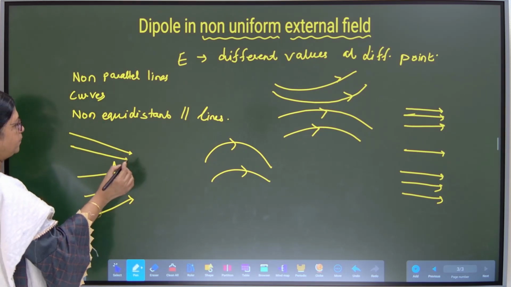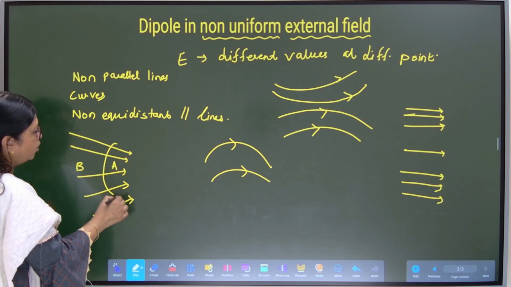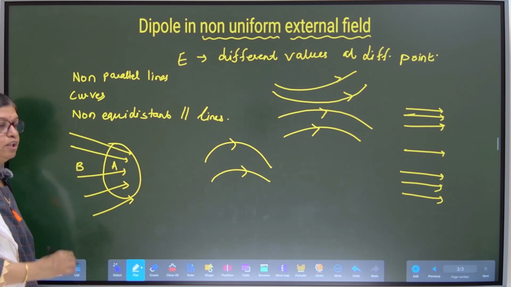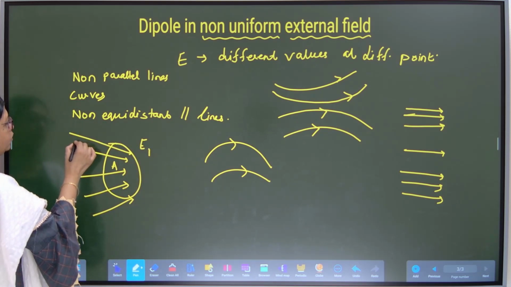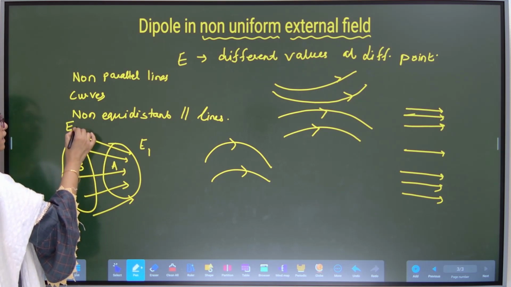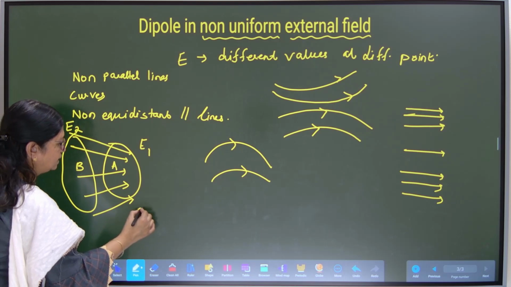Suppose I consider the point A here and B here. At the portion of A, the electric field lines are more, so the electric field is more. Compared to the portion at B, electric field lines are less, so the electric field value is less. So what can I say in this case?